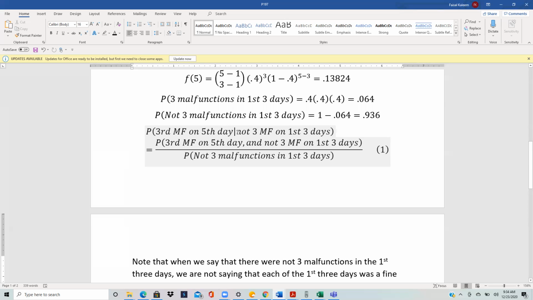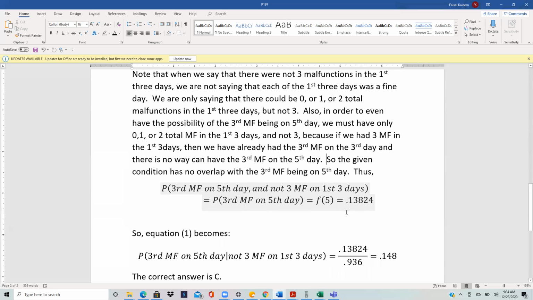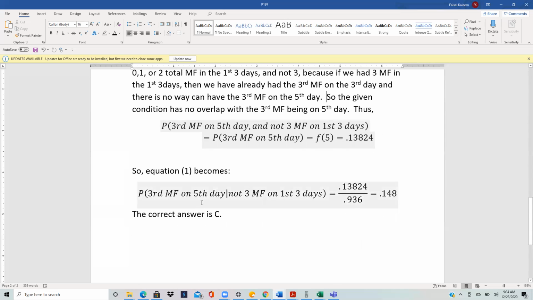The numerator is just the third MF on the 5th day, which we already have as 0.13824. So now we are all set. Third MF on the 5th day, given not 3 MF on the first 3 days, would be 0.13824 divided by the given, 0.936. So that's 0.148. That was choice C.